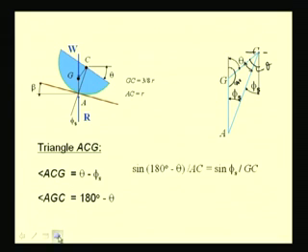And we know the relation that the sine of an angle divided by the opposite edge of the triangle is equal to the sine of the other angle divided by its opposite edge.